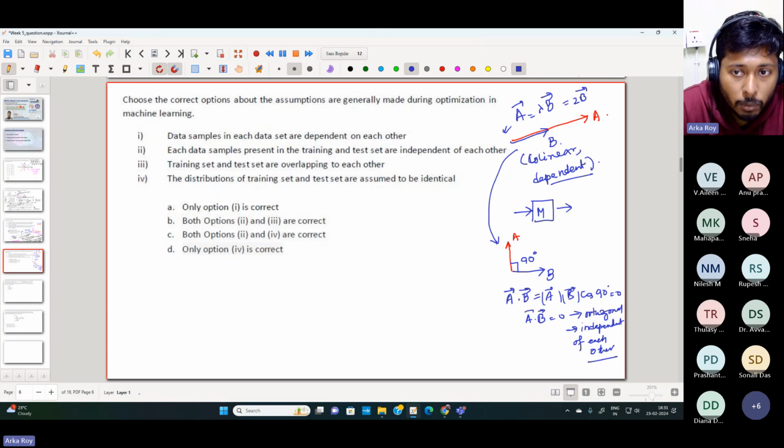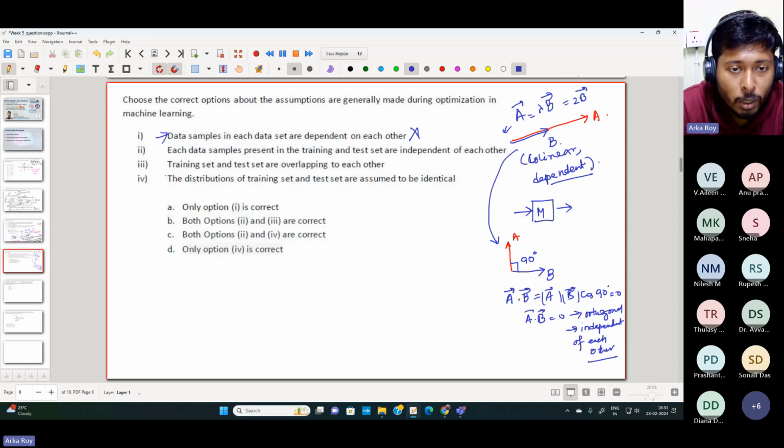So from this particular analogy we can infer that this statement is wrong: the data samples in each data set are dependent on each other. We don't want this scenario to happen in machine learning. Each data sample present in training and test set should be independent of each other.